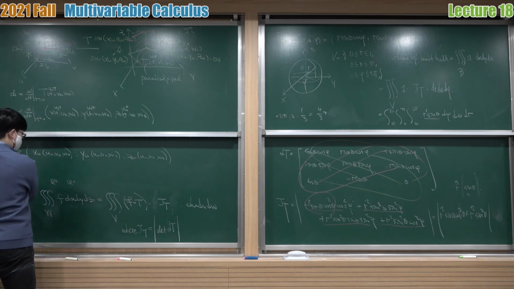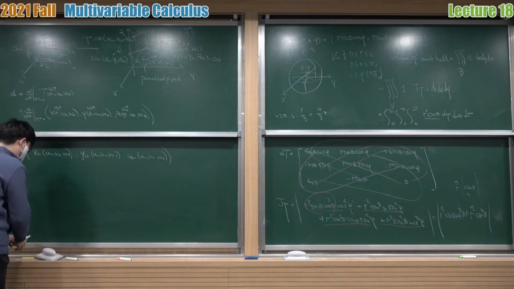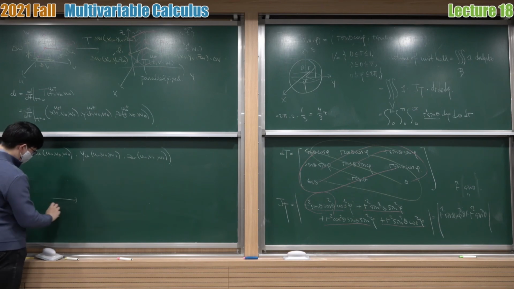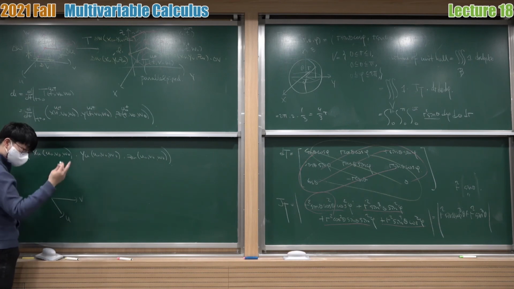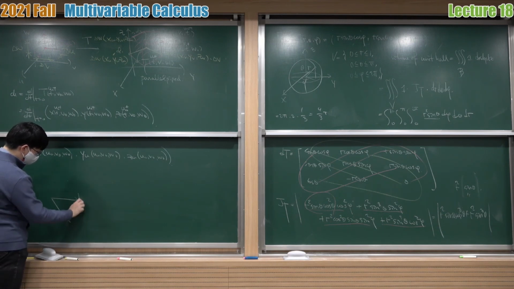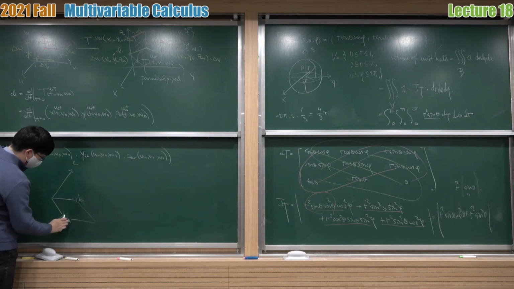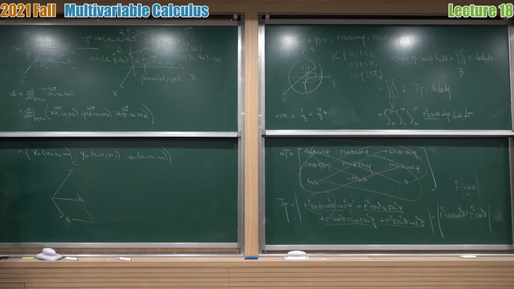So let's think about the picture here. Let's say our 3 vectors are A, B, C, for example. The parallelepiped has a parallelogram-shaped bottom here.